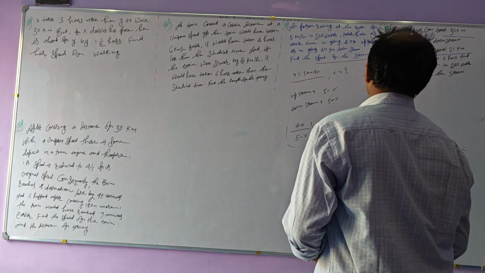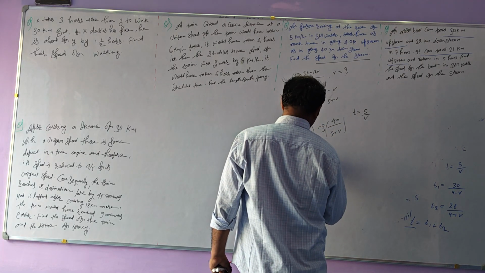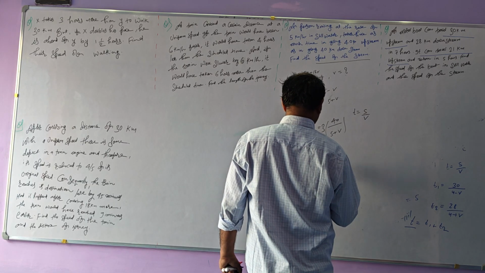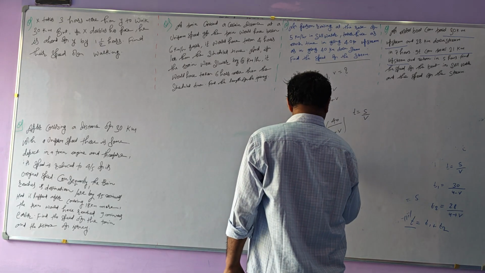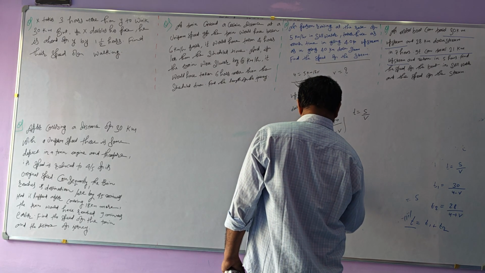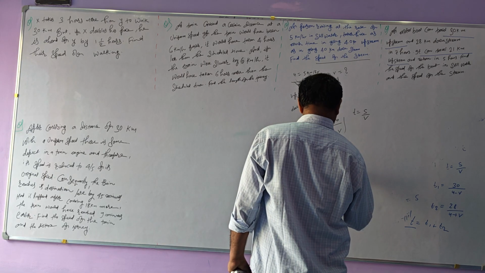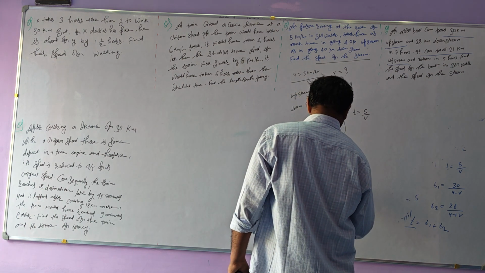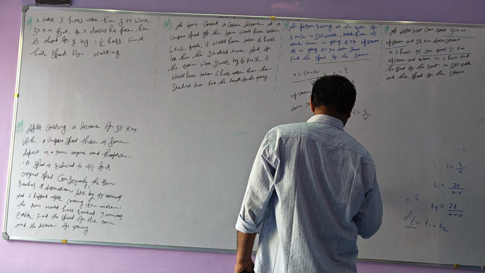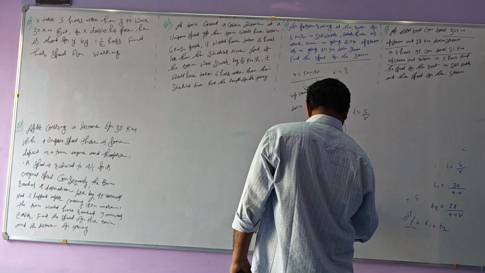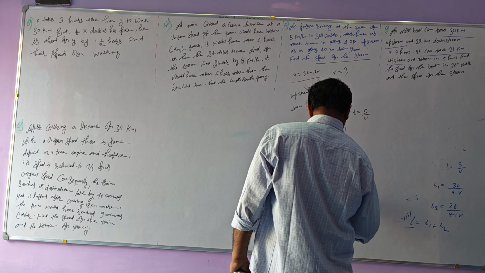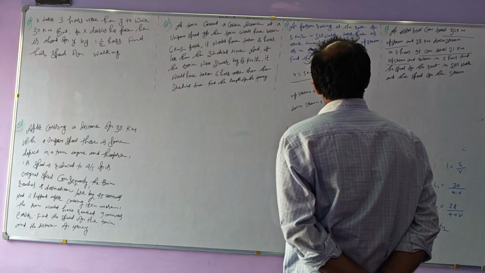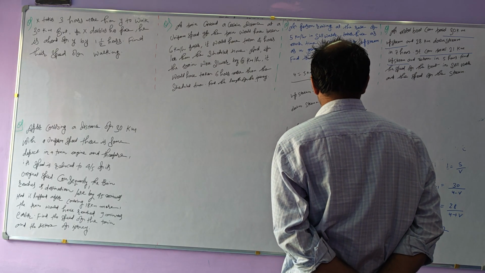Thrice time then becomes 40 upon 5 minus v equal to 1 upon 5 plus v. So 1 minus v is equal to 5 plus v, and 20 upon 2v, v is equal to 10.